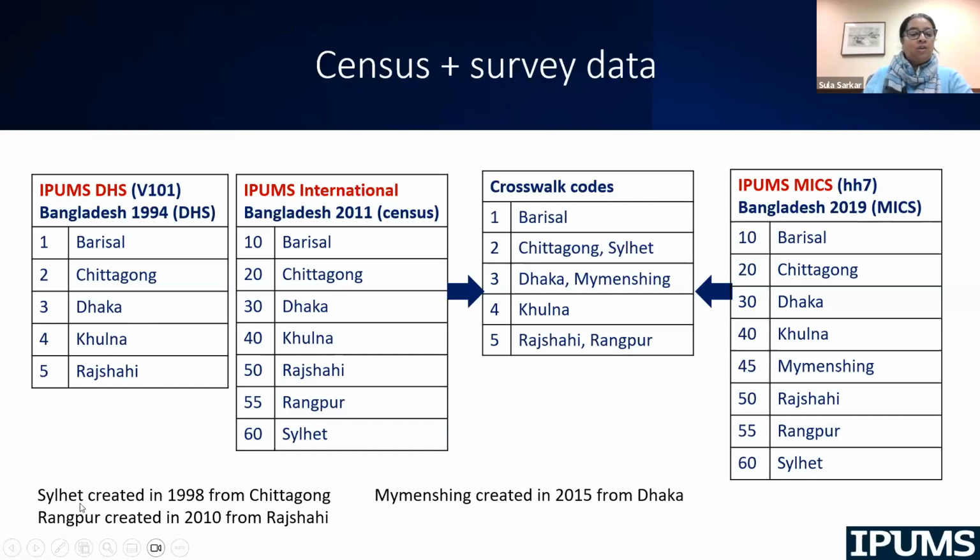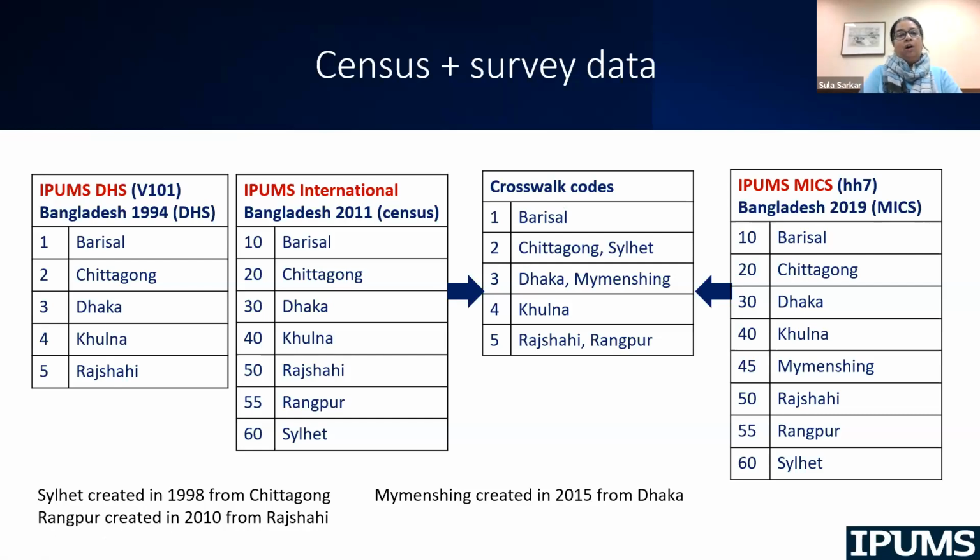So we know what was created from what unit based on a map, and we create a common unit, like the crosswalk code, which right now we have in IPUMS International and IPUMS DHS. We don't have that for MICS yet.